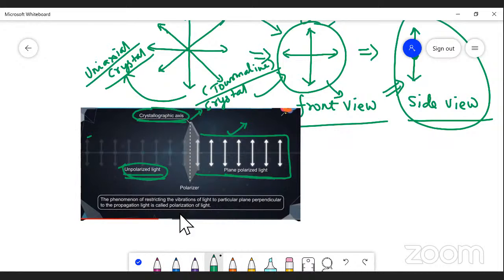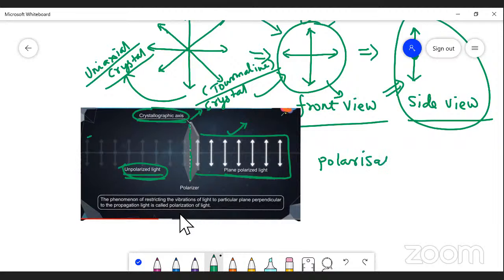The vibration which is parallel to the optic axis, the dotted line represents the optic axis, alone comes out from the crystal, which is plane polarized light. But the vibrations which are not parallel to the optic axis of the crystal are completely restricted by the crystal. This phenomenon is known as polarization.